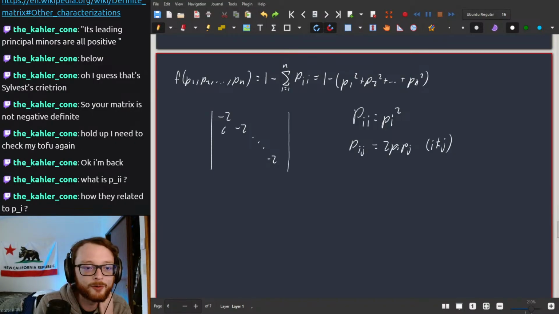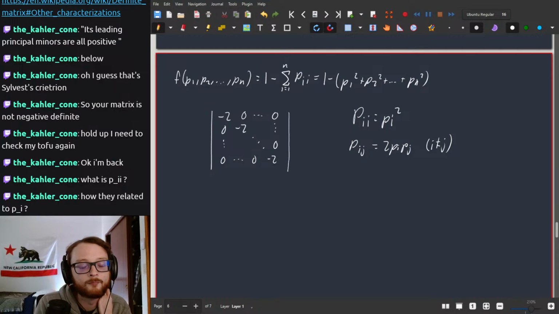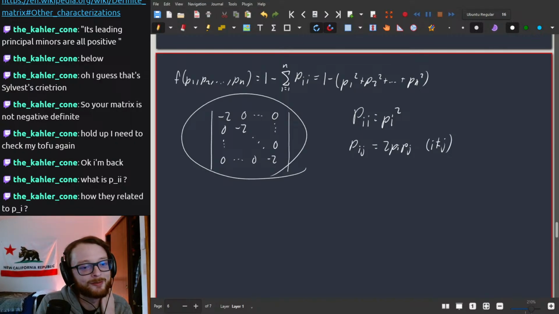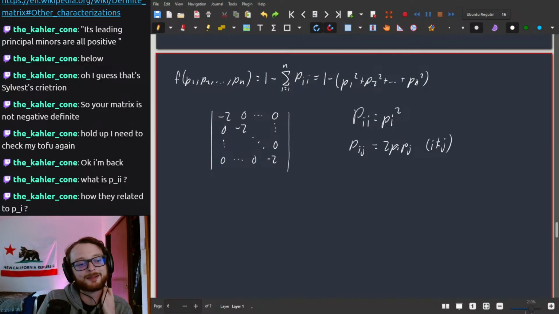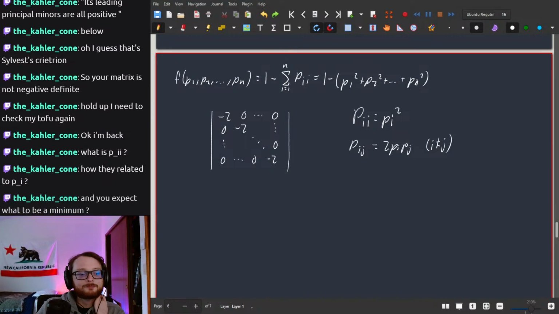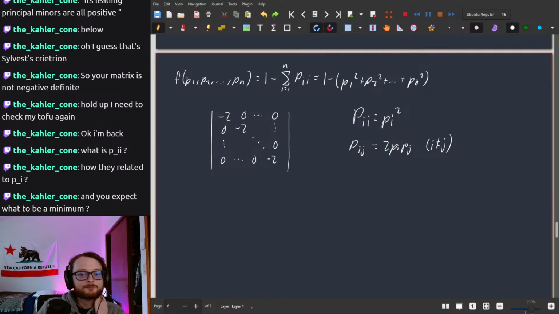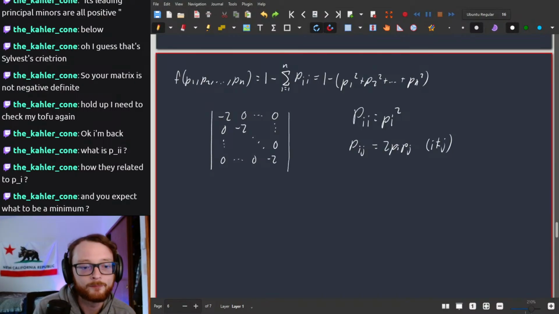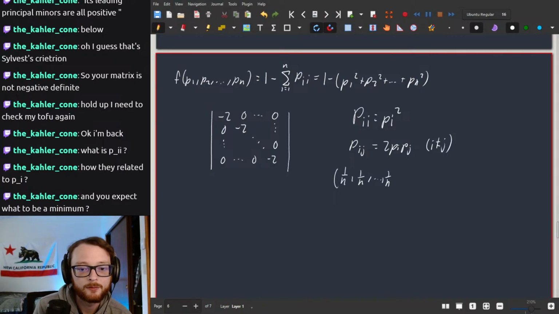I think these are all zeros. But the issue is that the sign of the determinant is going to alternate, so that's not good either. A maximum should be at the point 1 over n, 1 over n, 1 over n.